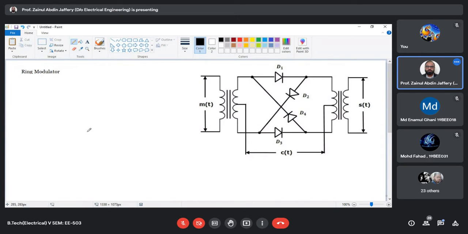Okay. So you see in this circuit, actually this is a diode. There are 4 diodes we have connected in a particular fashion. This is your modulating signal, okay, and this is your carrier signal.